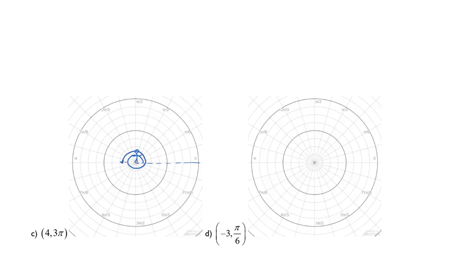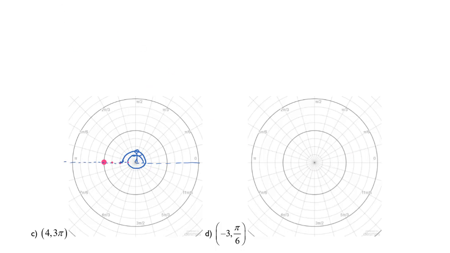So now I'm looking out along pi as my angle. And then I need to walk out 4 units. 1, 2, 3, 4. So the point at which I am now standing is 4 units to the left, directly to the left of the polar axis starting point.